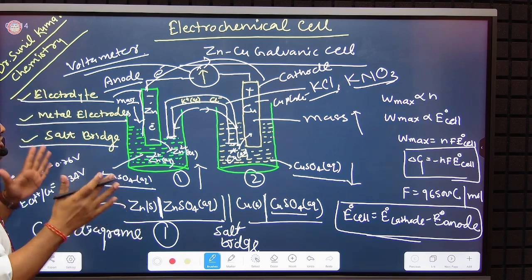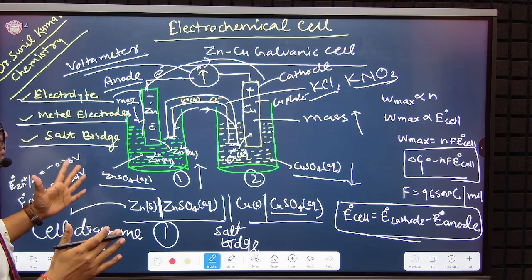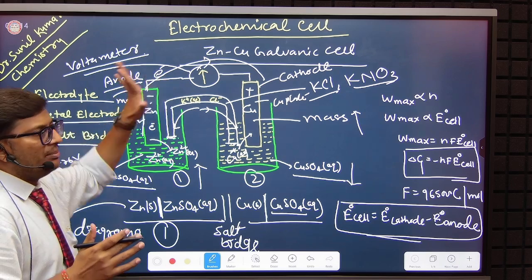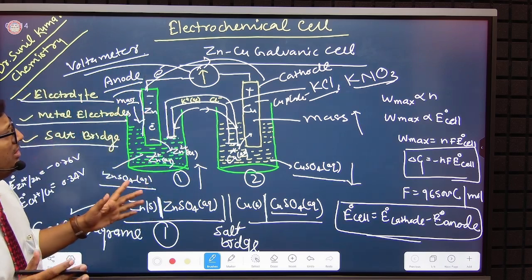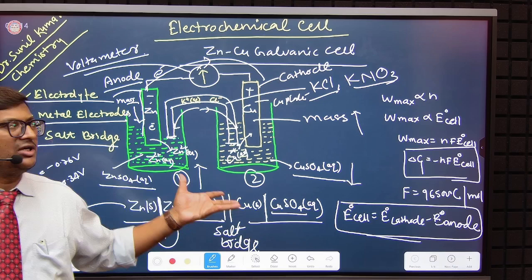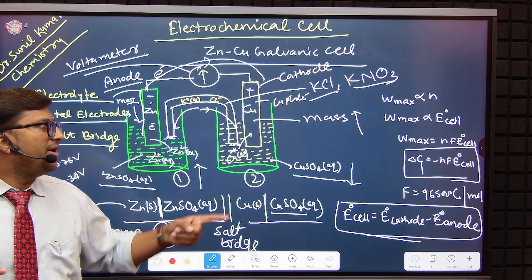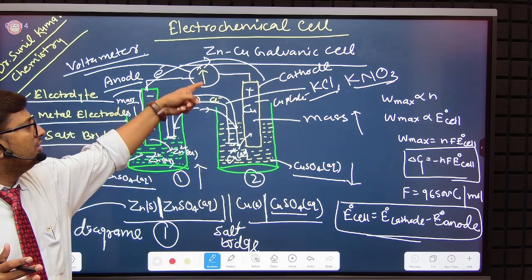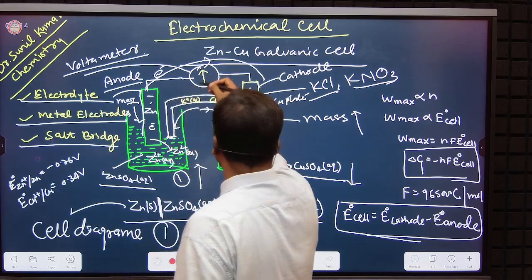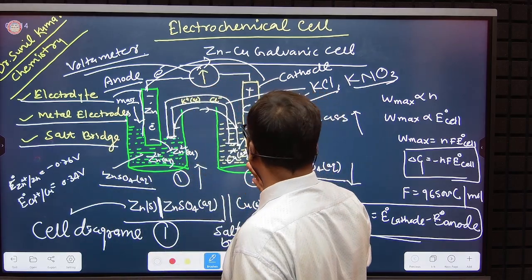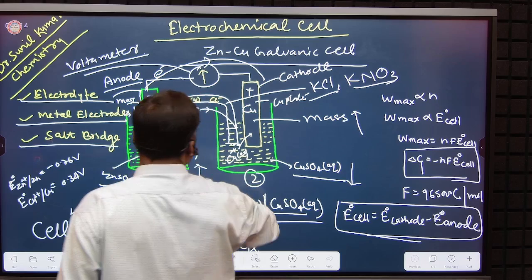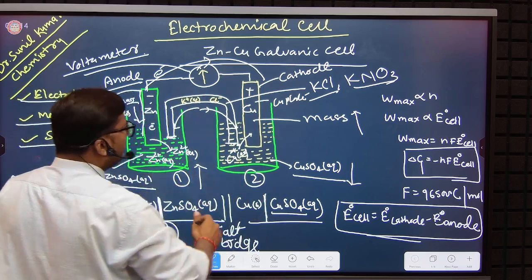This oxidation and reduction is measured with a voltmeter, and that voltmeter gives us an idea about the potential of this electrochemical cell, and the deflection of the voltmeter symbol provides us an idea about the cell potential of this particular setup, right?